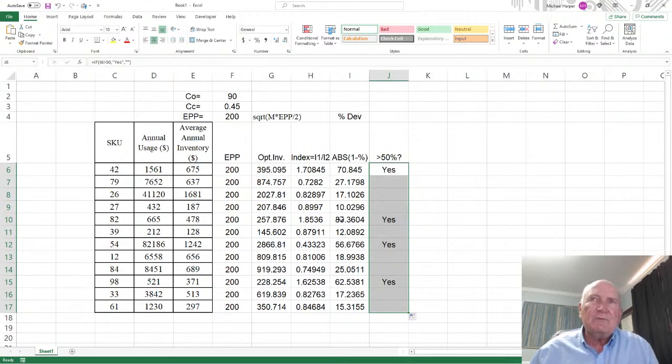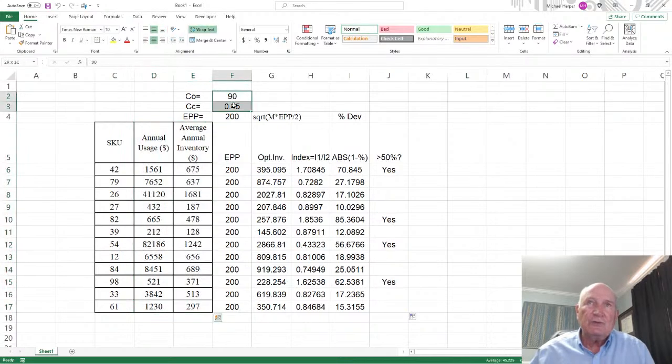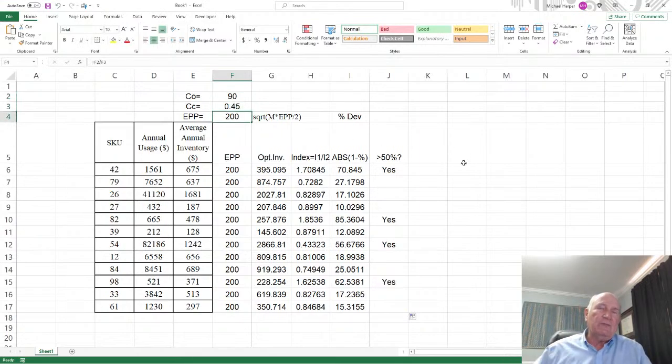So now this type of problem is just really simple because you have the average inventory, you have your usage. This is pretty much given. If you know what your unit costs are, or you can determine an EPP from other methods, you can determine how much out of control each inventory item is in your inventory.